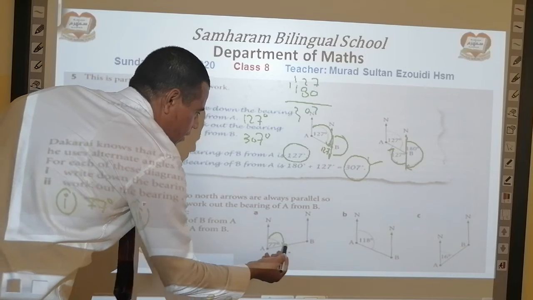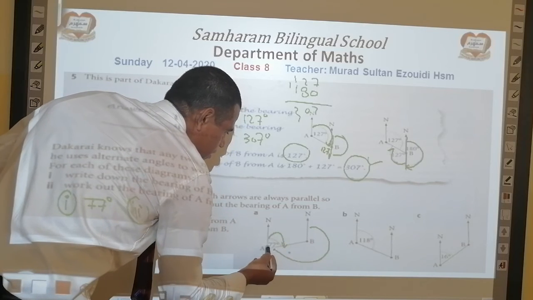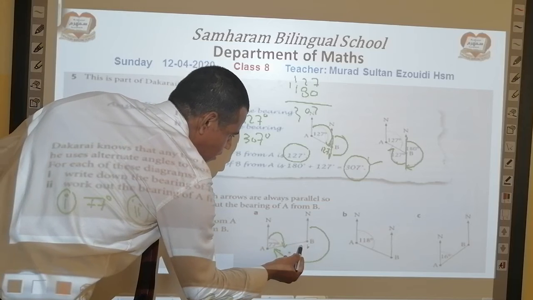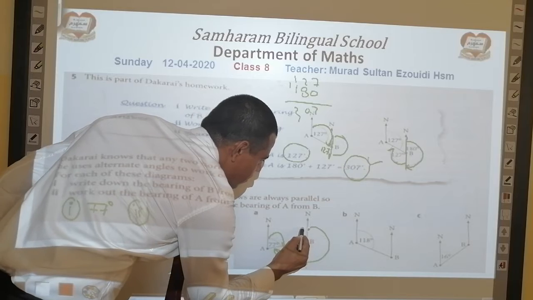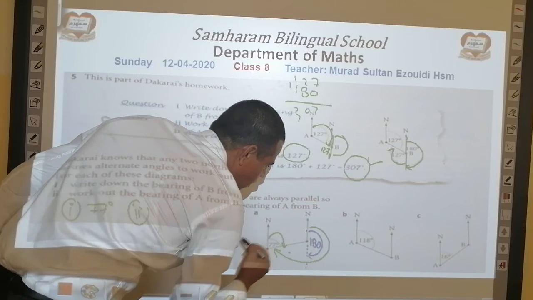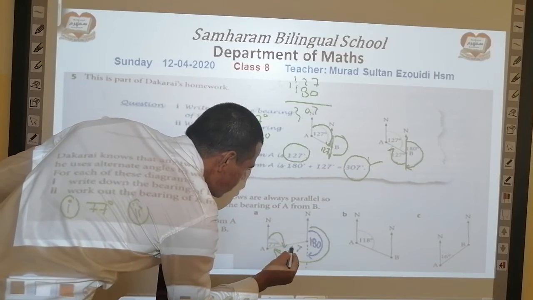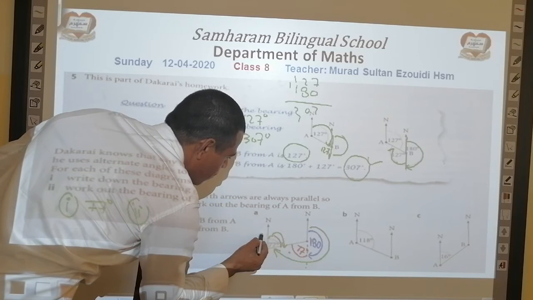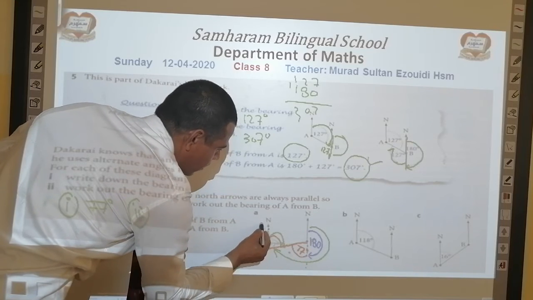We have the bearing of A from B. You will measure clockwise from the north direction. Means this, my kids, this is 180. And this one, my kids, is 77. It will be equal to that because of alternate angles.